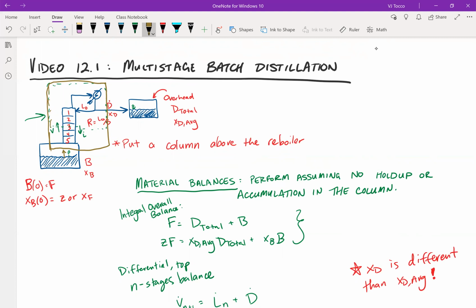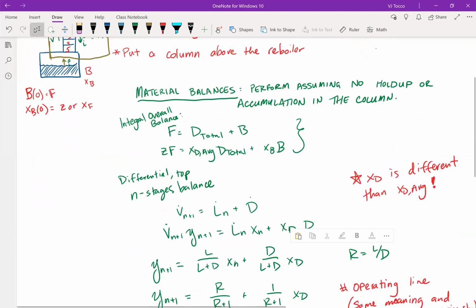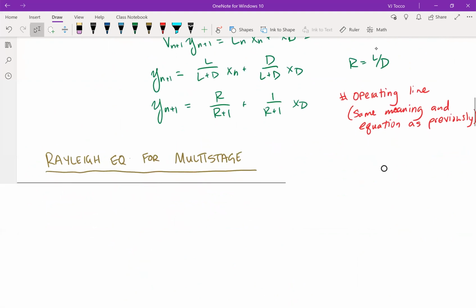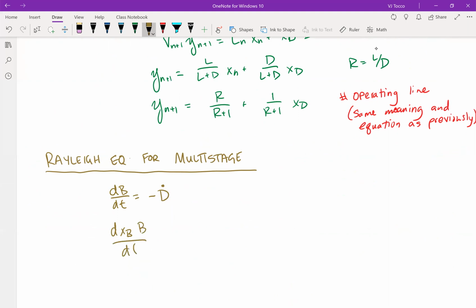So the rate at which material leaves the reboiler is going to be equal to the rate at which D dot flows into the overhead. And it's minus D dot because it's flowing out. I could do the same balance on the more volatile component. So d(xB times B)/dt is equal to minus D dot times xD.